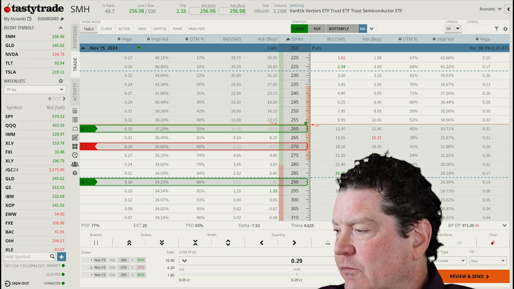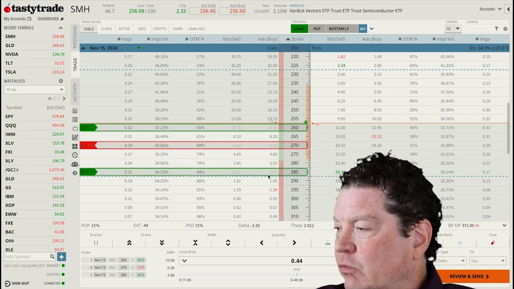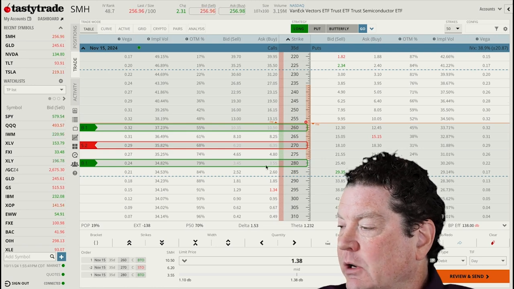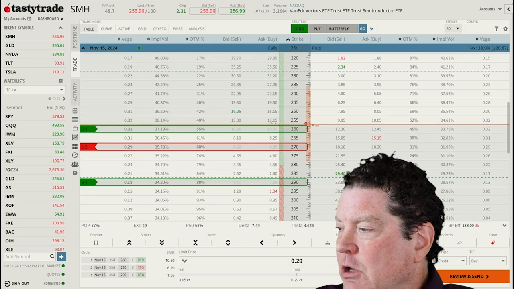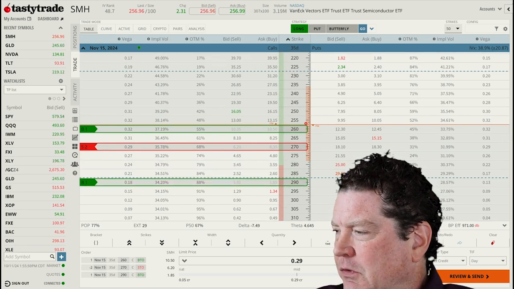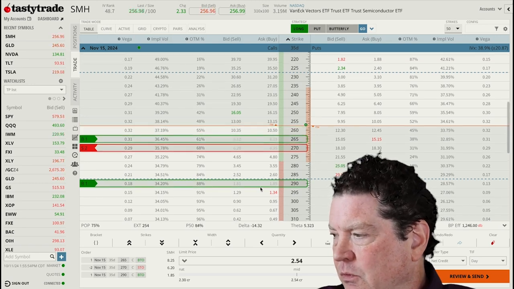And the embedded short vertical here is, let's guess, the 280, 290. Okay, so I take the regular 10-point butterfly, 260, 270, 280. I added an 280-290 short call spread, and it turns into the broken wing for a 29-cent credit. That's what it is. So if you wanted less risk in this, again, you could tighten this whole thing up, and that's basically what you do.